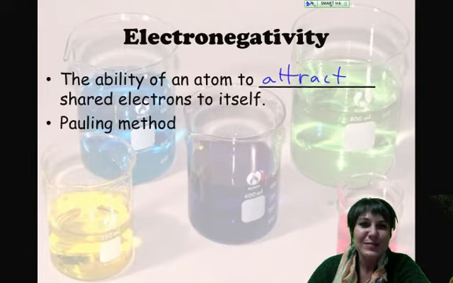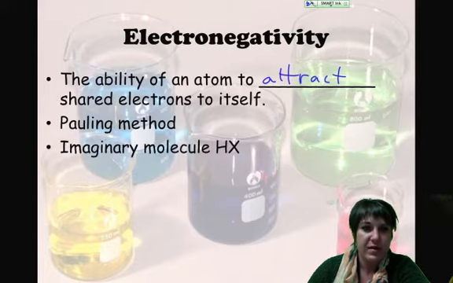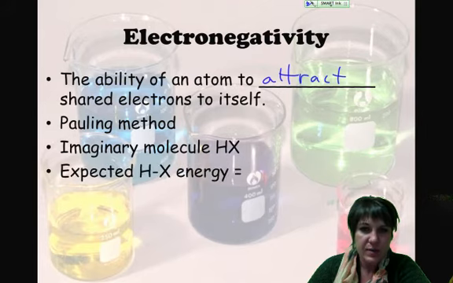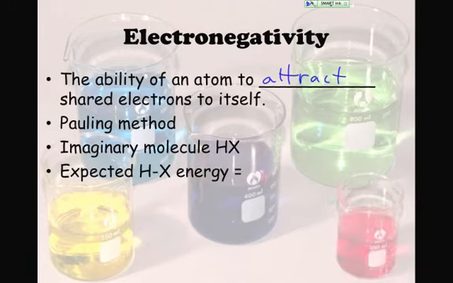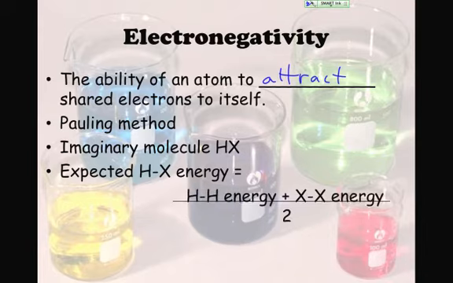In order for us to measure the electronegativity of an atom, we rely on the Pauling method, where we take some imaginary molecule HX, comparing the atom you're interested in to hydrogen. We calculate the expected bond energy between hydrogen and that particular atom.